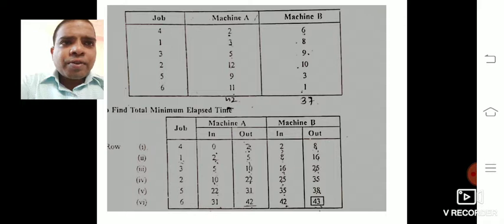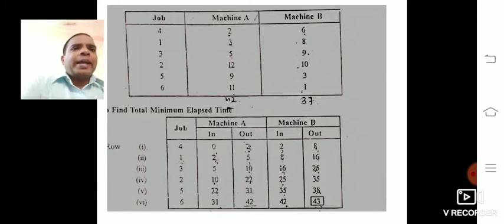After completion of the fourth job on machine A, only then the first job is going to enter machine A, so the in time is 2 minutes. Please check the processing duration for the first job, that is 3 minutes, so 2 plus 3 is 5. After 5 minutes the first job comes out from machine A.